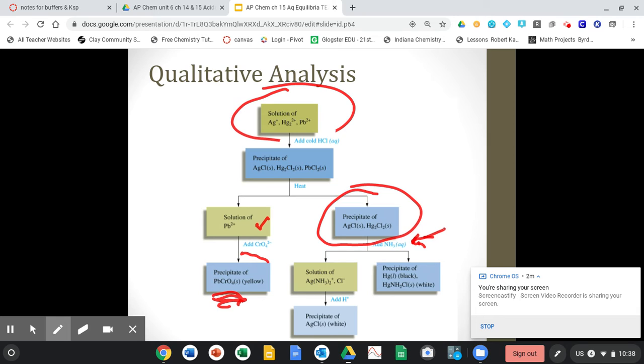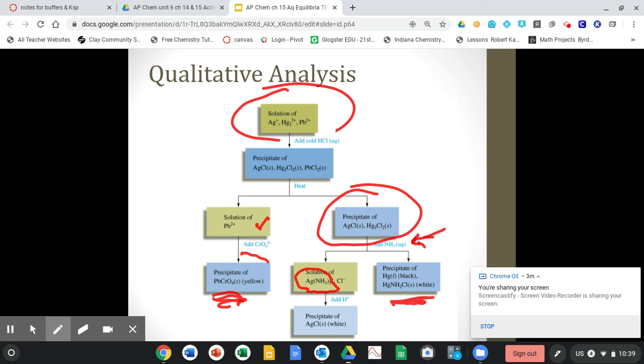And what will happen then is you will get a complex ion of the silver. That's the complex ion. And so when you filter this, you get the black precipitate of mercury, and the mercury amino chloride is white, and that's going to be your confirmation that you do indeed have mercury.